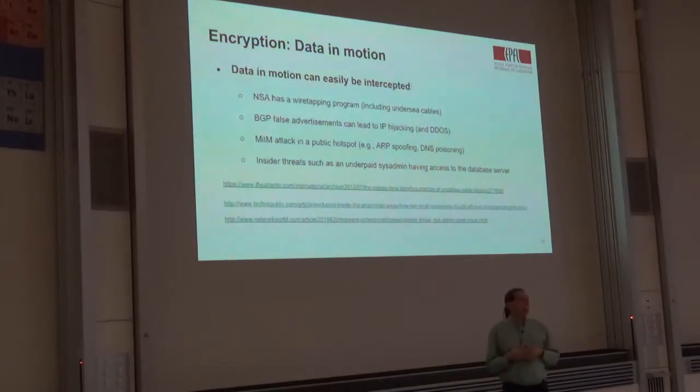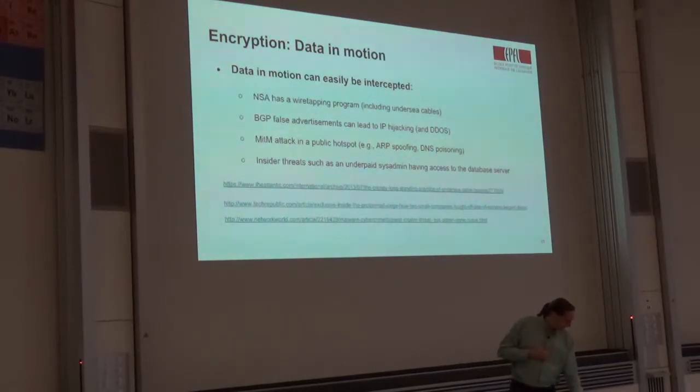First of all, we generally want the data in motion to be encrypted, namely the data going, say, between a client and the web server, and sometimes between the web server application logic server and the SQL server.